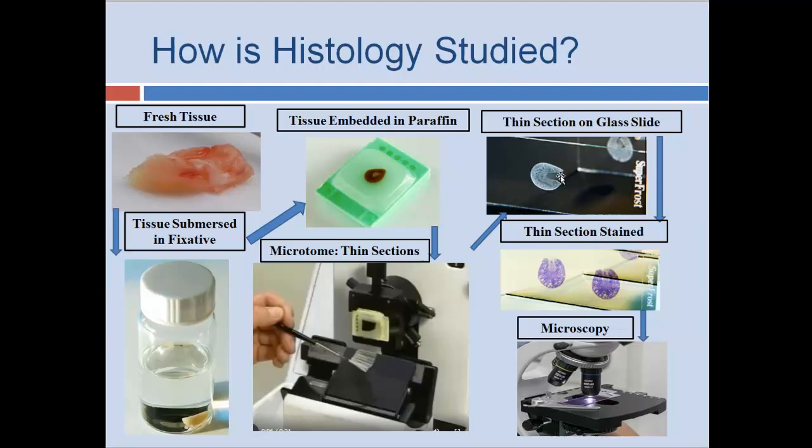And then you go through a series of dehydration again, with alcohol, and then subject the section to some stains. And here you see in the right middle a glass slide in which the tissue has been stained, and then it's ready for microscopy.